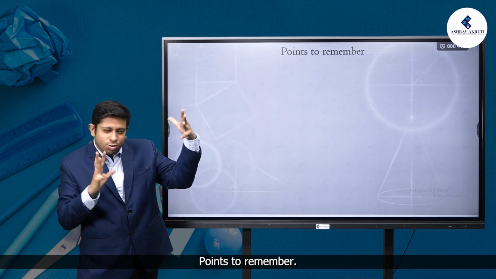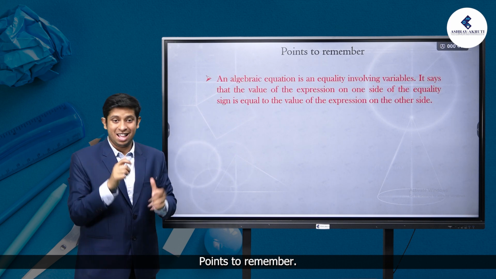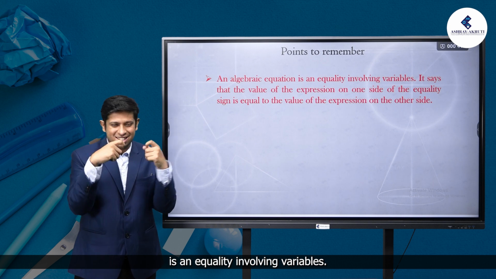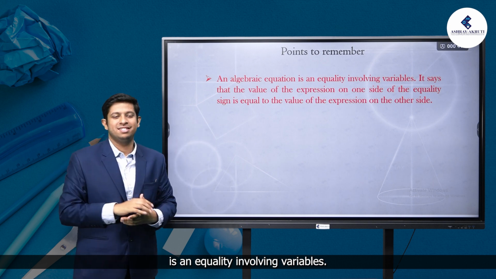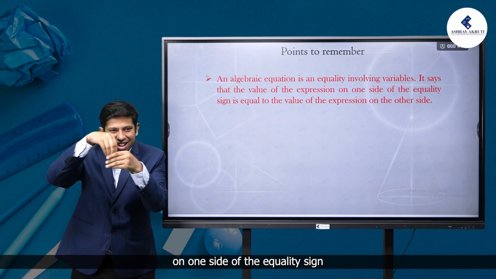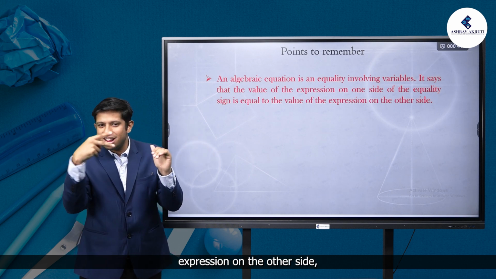Points to remember. An algebraic equation is an equality involving variables. It says that the value of the expression on one side of the equality sign is equal to the value of the expression on the other side.